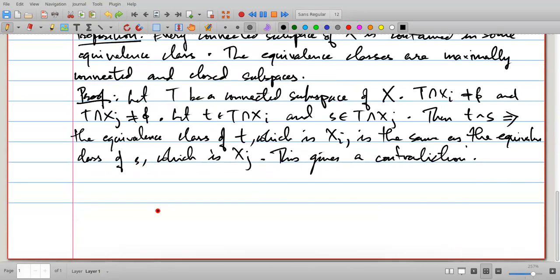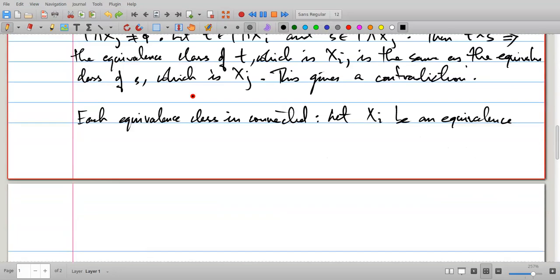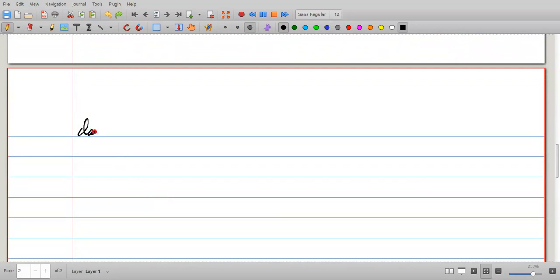Next, let us prove that each equivalence class is connected. So let Xi be an equivalence class, and let x belong to Xi. So we fix an x.